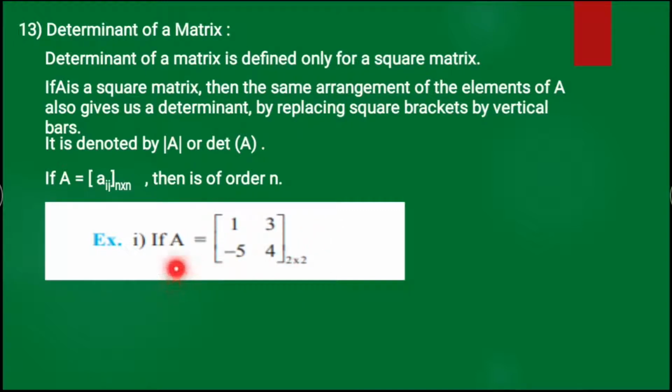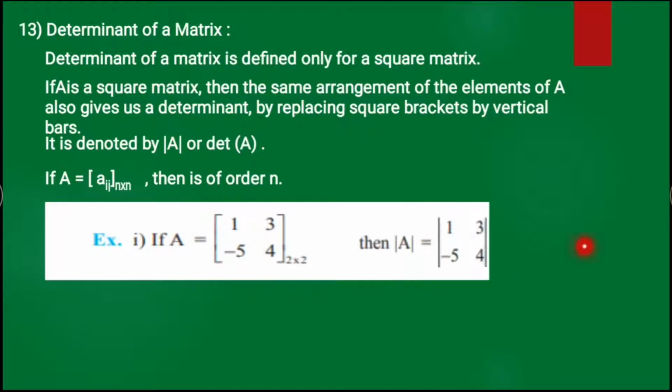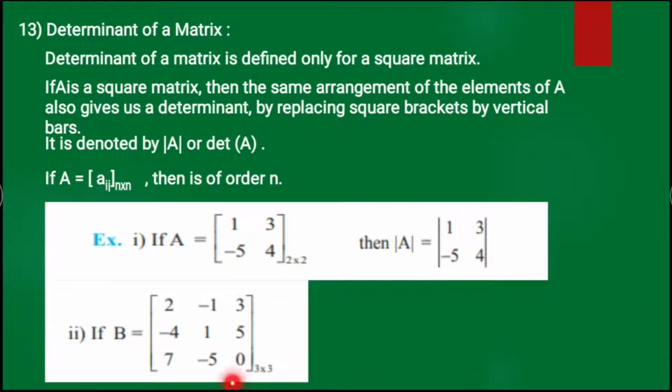So we write determinant of A, and we write these elements in a square bracket in vertical bars. So we write determinant of A, we write this matrix which is in square bracket, in vertical bars. See one more example of order 3 by 3.